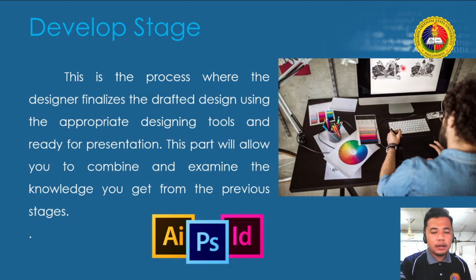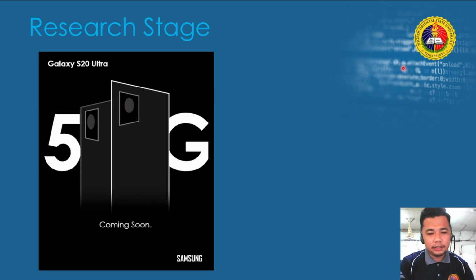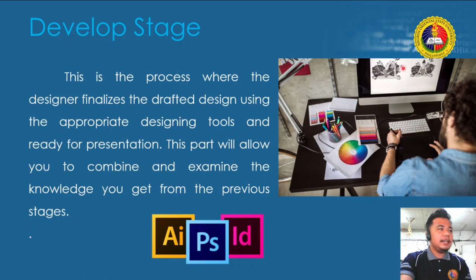Now, once you're done with the sketch, or let's say the strategic wireframe, on how the poster or the graphic design is going to look, this is the time for the development stage. This is the time that you're going to transfer everything using actual software. And not just any software, it must be the industry standard software used for designing.